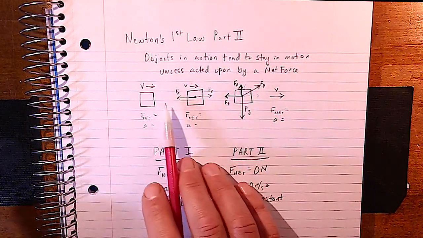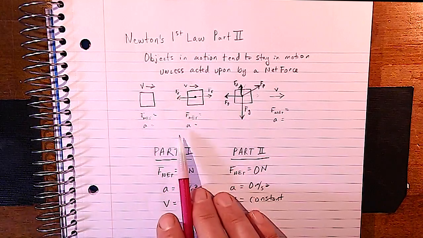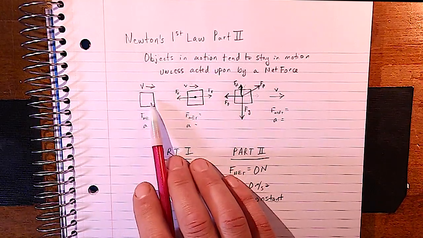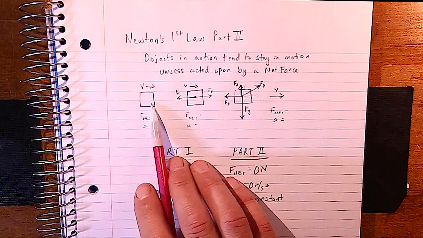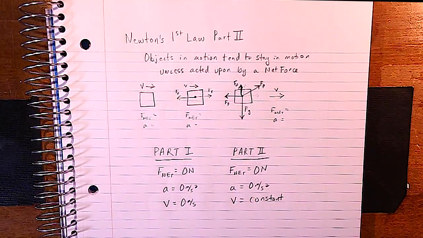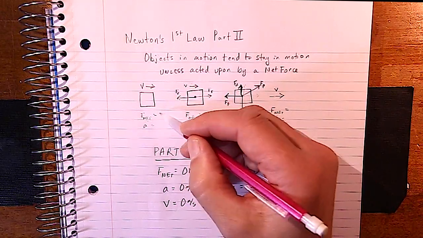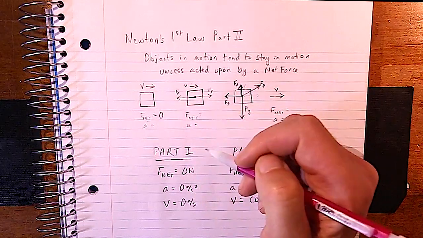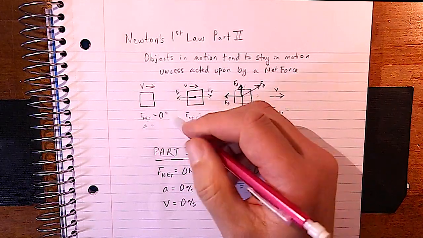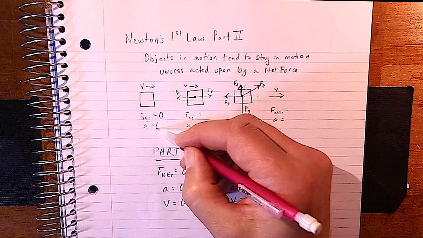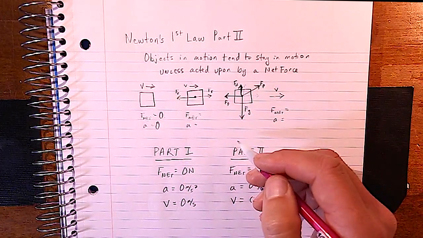So let's look at this back in space like we did for the other object, except this time instead of the object being at rest, it's moving. And we're going to say it's moving at a constant velocity. So it has some velocity that's not changing. If that's the case, then the net force is 0. There's no forces acting on it at all. If there's no net force, then its acceleration is 0.